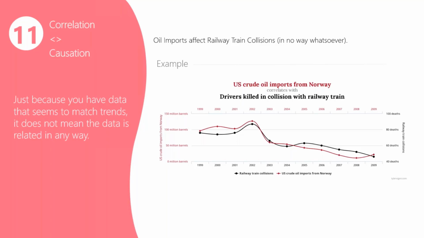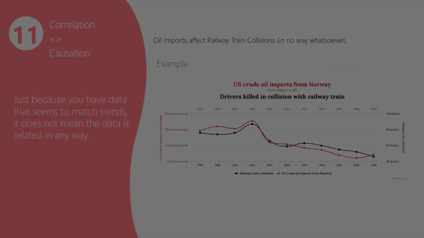So here, oil imports from Norway have nothing to do with drivers killed in collisions with railway trains, but amazingly enough, the data tracks based on the dual y-axis. So all kinds of data out there like this, it really doesn't mean anything.